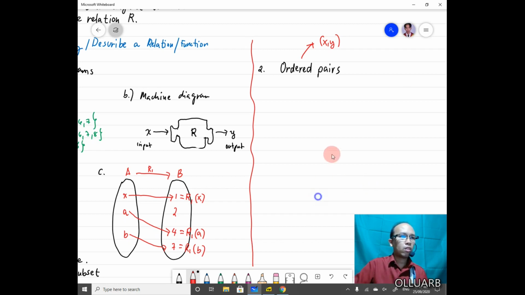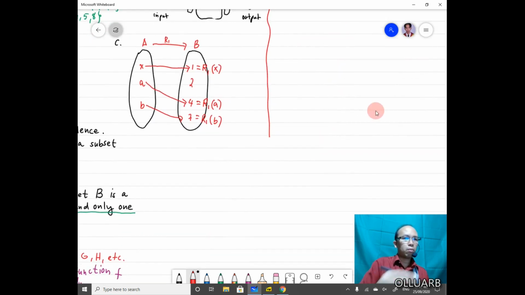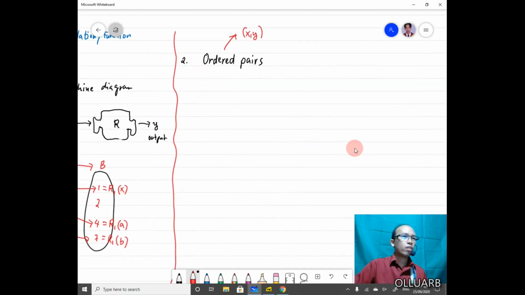Let's put a boundary here. Let's try another color, like blue. Okay, it is an ordered pair.